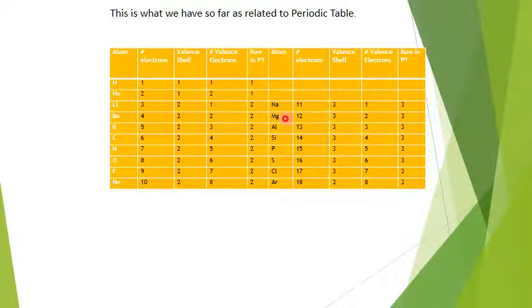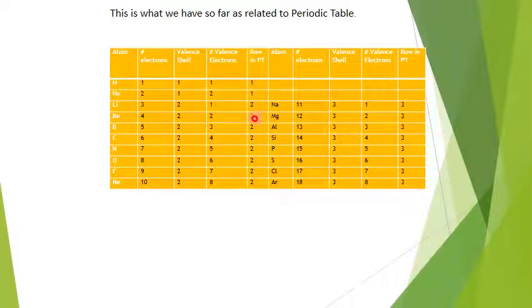Then we just did magnesium, and magnesium has 3 energy levels in its valence shell, and it has 2 valence electrons. Notice it has the exact same number of valence electrons as beryllium. The difference is what row it's in as far as the periodic table goes.